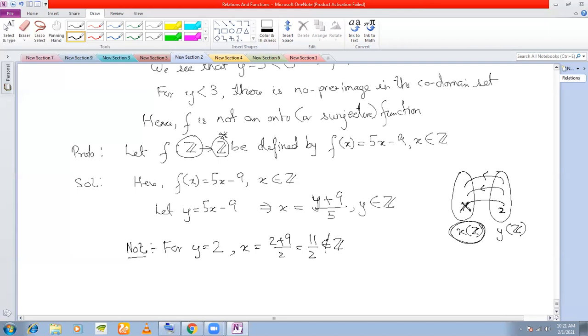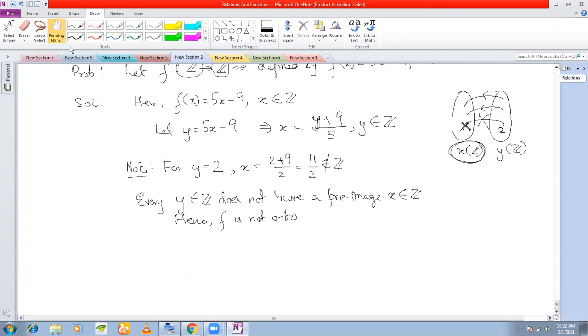That means not every y belonging to Z has a pre-image x belonging to Z. Hence, what can we say? f is not onto.